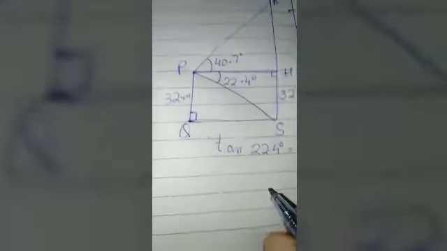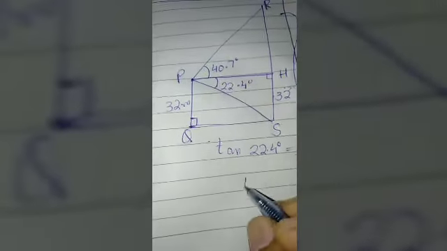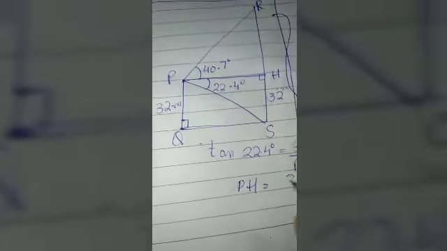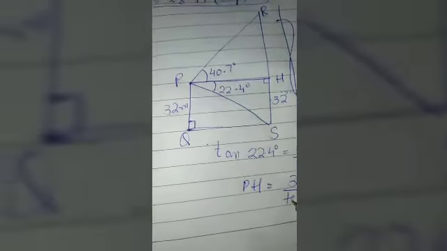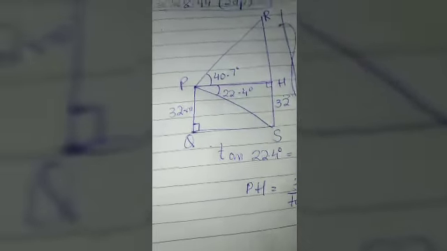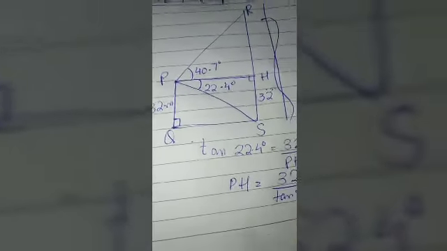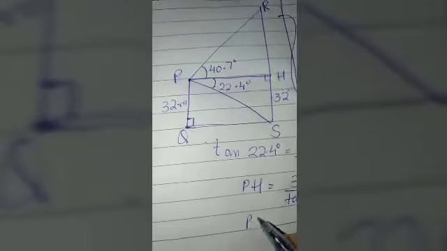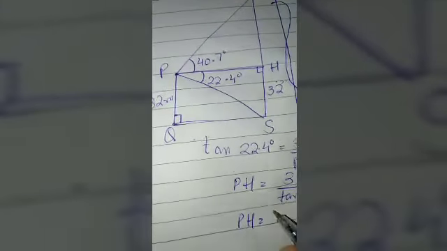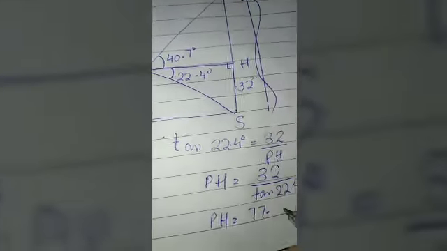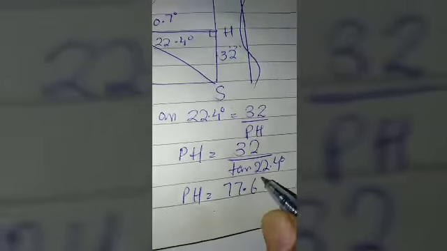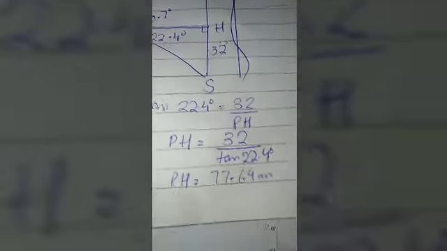So taking it to the right hand side and to the below, PH becomes 32 upon tangent 22.4. By solving this, that is very simple, PH becomes 77.64 meters. Is it clear?